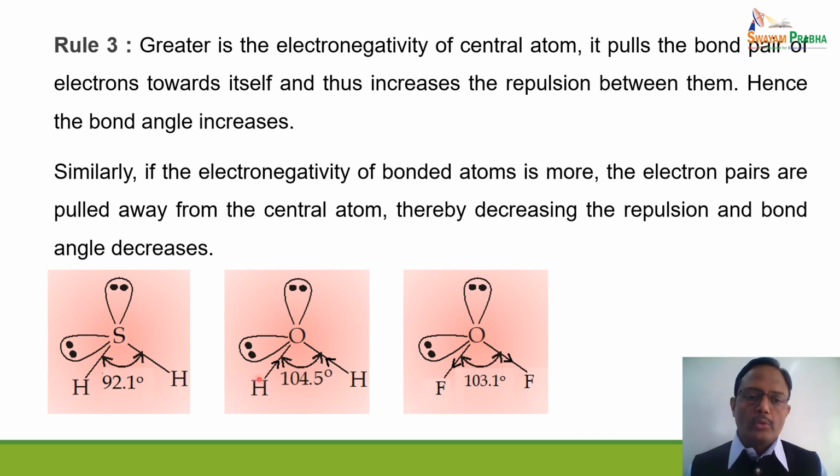Now we have substituted hydrogen with fluorine. We know that fluorine is more electronegative than oxygen, so it pulls the electron pair towards itself. As a result, the distance between these electron pairs or bond pairs decreases. Hence, the repulsive interaction decreases and they can come closer, and the bond angle reduces from 104.5 to 103.1 degrees.